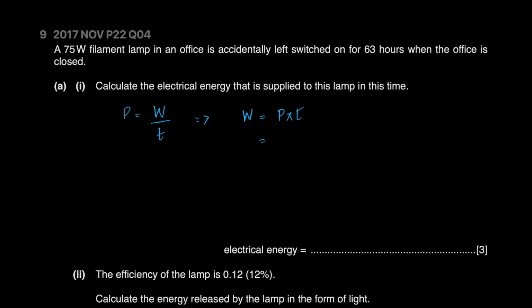The power is 75, times time, which is 63 hours. Convert that into minutes, then into seconds. It comes out to 17.01 times 10 to the power 6 joules, or just megajoules.